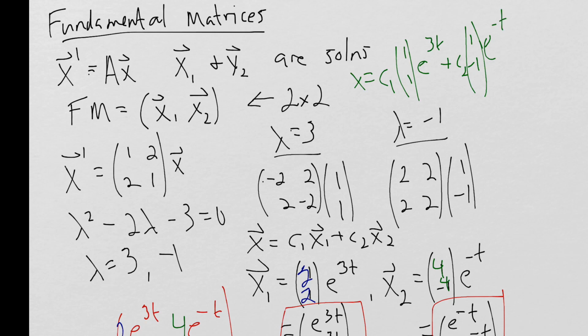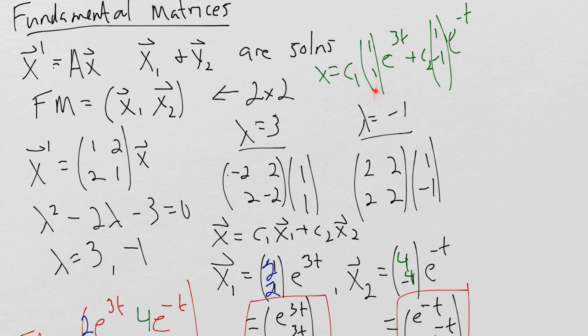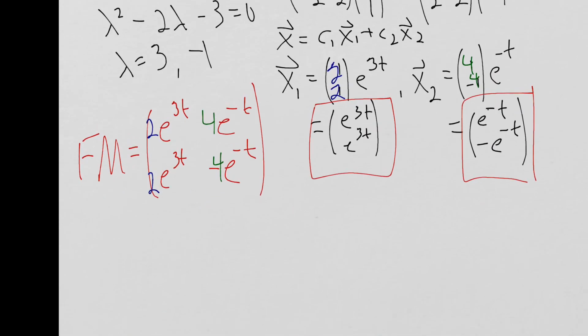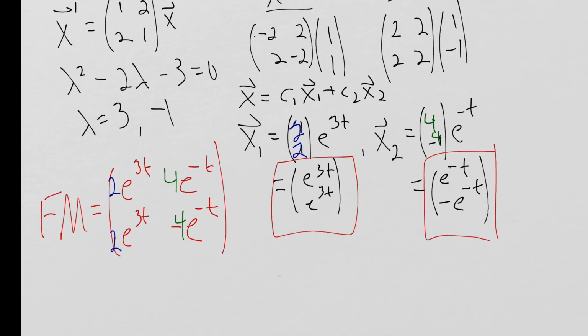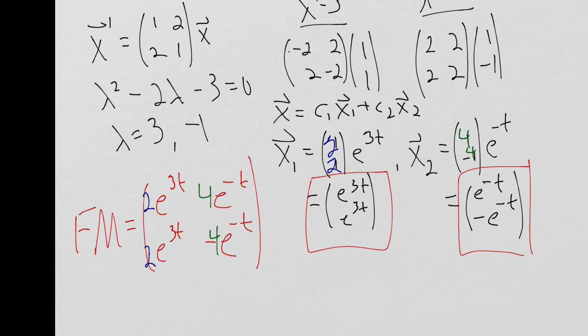And that's how we write the solution. I can manipulate this so that it is exactly what I have here, but I'm not going to do that quite yet. Anyway, hope that makes sense.